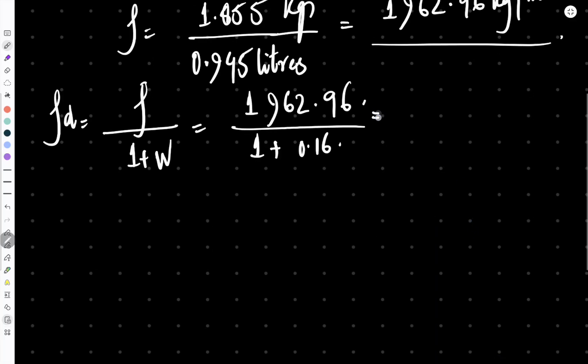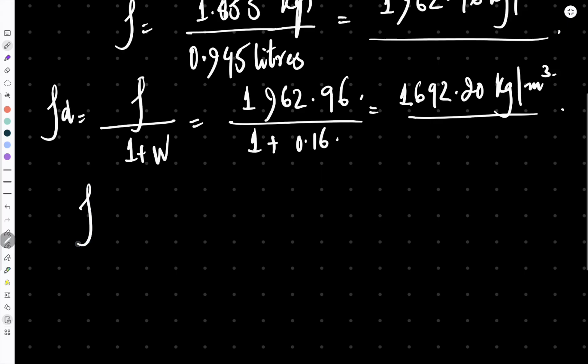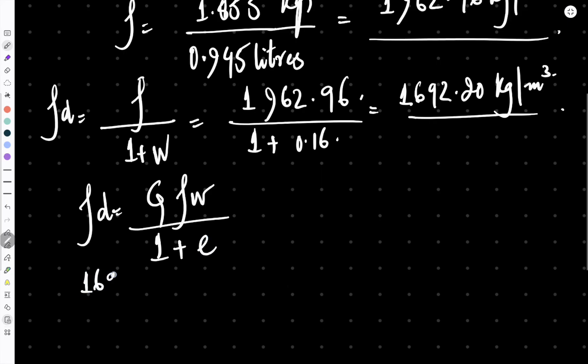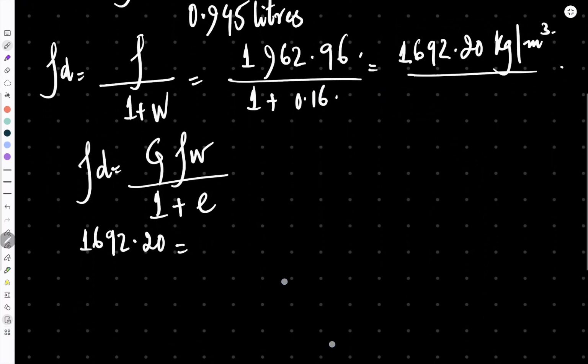So dry density by calculations is 1692.20 kilograms per cubic meter. We have the bulk density, we have the dry density. We'll be using one more equation for the dry density, so that we'll have another parameter, that is the void ratio. So dry density 1692.20, specific gravity given in the question, take G as 2.68.